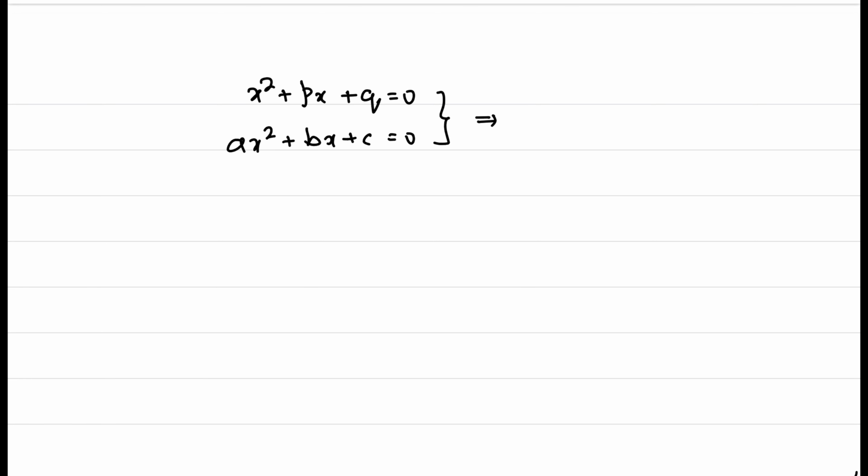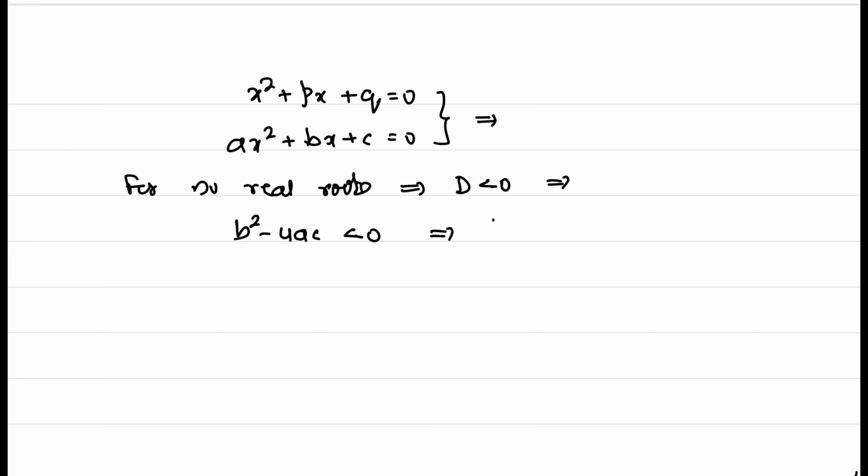These two imply for no real roots, that means for real roots not to be present, D is less than 0, that means b² minus 4ac is less than 0, that is b² is less than 4ac for no real roots.